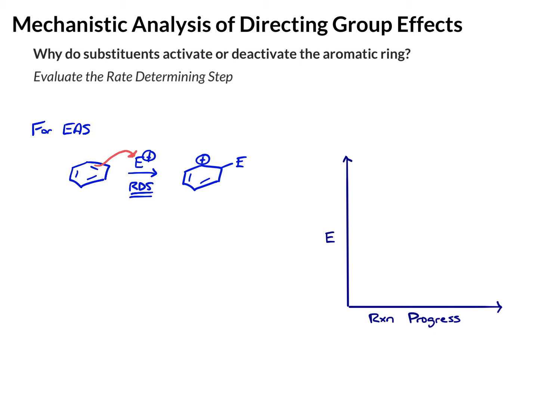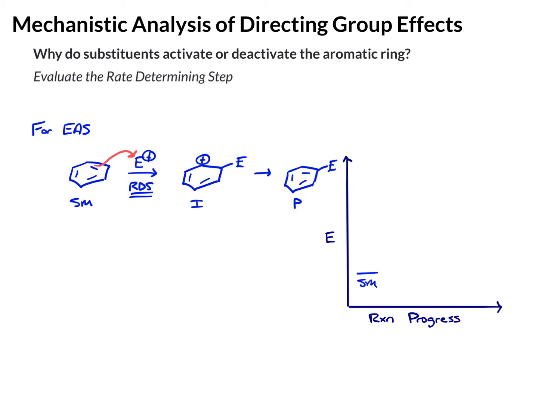And then we know that eventually we'll reform the aromatic ring to give the product. So here's the starting material, the intermediate, and the product. Let's plot this on the reaction coordinate diagram. So here's our aromatic ring starting material.